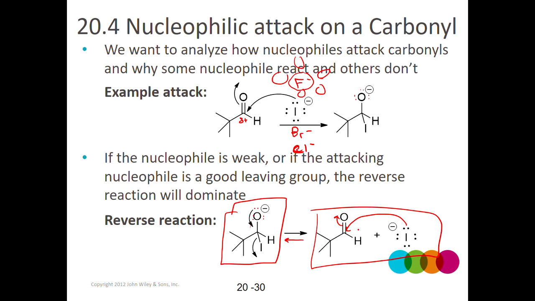So the side over here, which is really the initial reactants, is going to be favored by entropy because there's two molecules instead of one. It's also going to be favored by enthalpy because the negative is going to be a lot more stable on a halide than on the smaller oxygen atom.